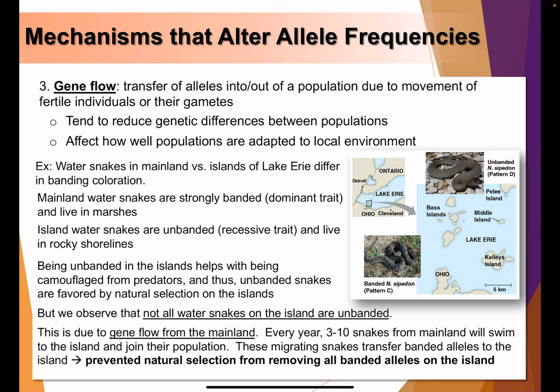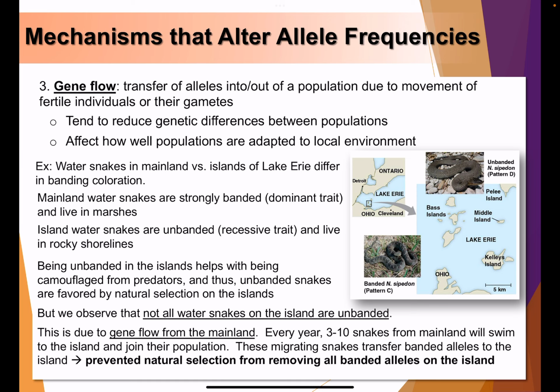Well, it turns out that this is all due to gene flow, in this particular case from the mainland. Every year, about 3 to 10 water snakes from the mainland will swim to the island and join their population. These migrating snakes will then transfer their banded alleles to the island, which is what prevented natural selection from removing all banded alleles on the island.